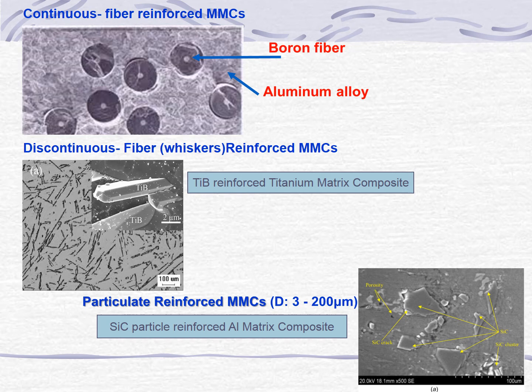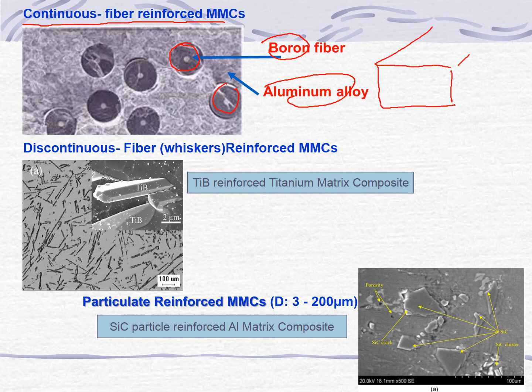The first one is a continuous fiber reinforced metal matrix composite. The fiber is boron and the matrix is aluminum alloy. This is from the side view; the circle here refers to the boron fiber. If you look at the 3D image of this composite, it is actually like this.